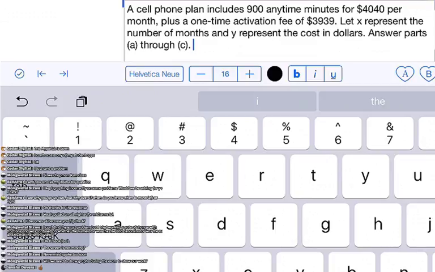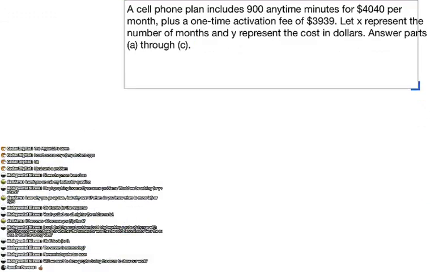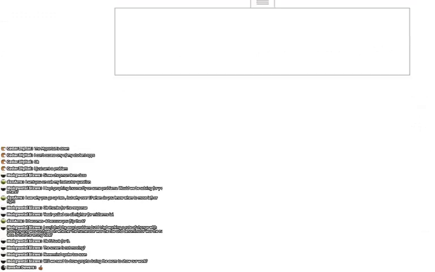Yeah, that's exactly what I want. I just didn't want to have to type. It wastes a lot of time.